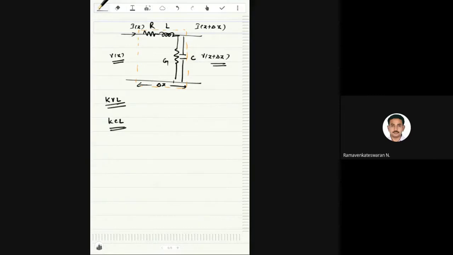So the supply voltage V of Z equals the voltage drop. The drop here is across these two series elements, right? So what is the drop? R into del Z, times I. And what is the induced EMF?